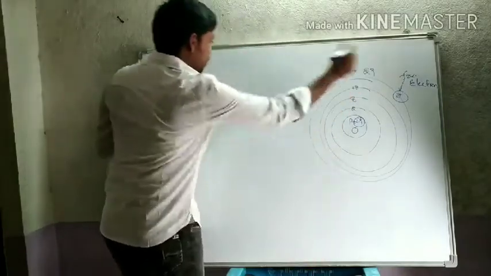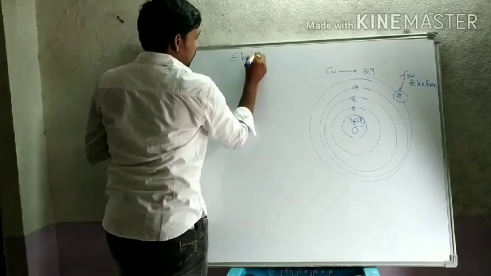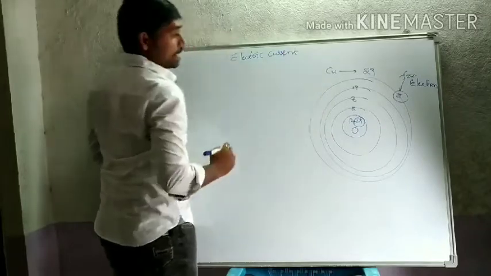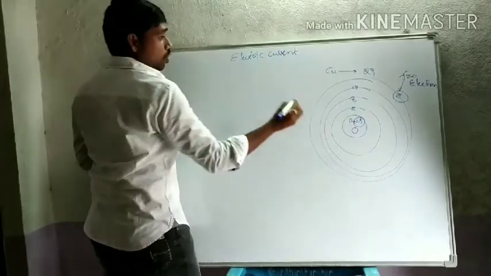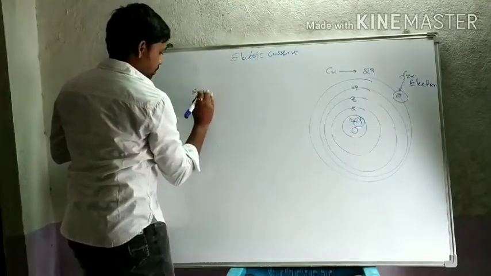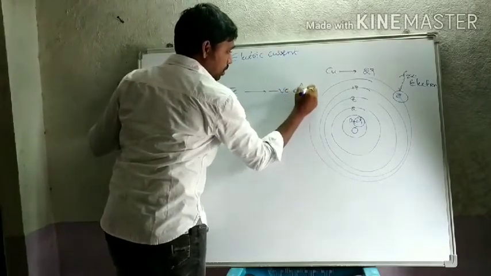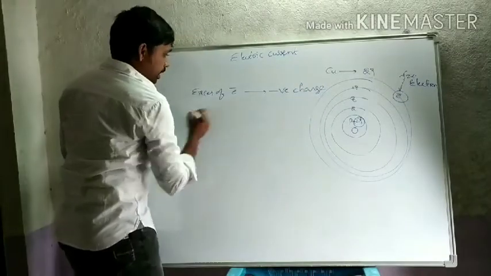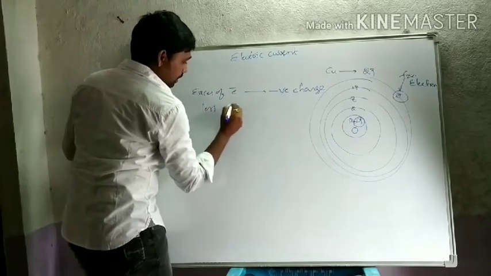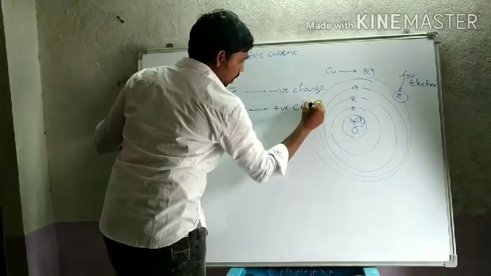Materials are categorized into 2 types in electric current, based on the electrons and protons. The excess of electrons we call a negative charge, and fewer electrons we call a positive charge.